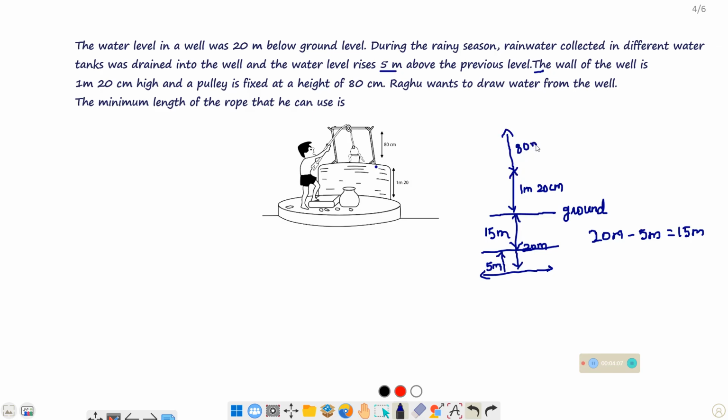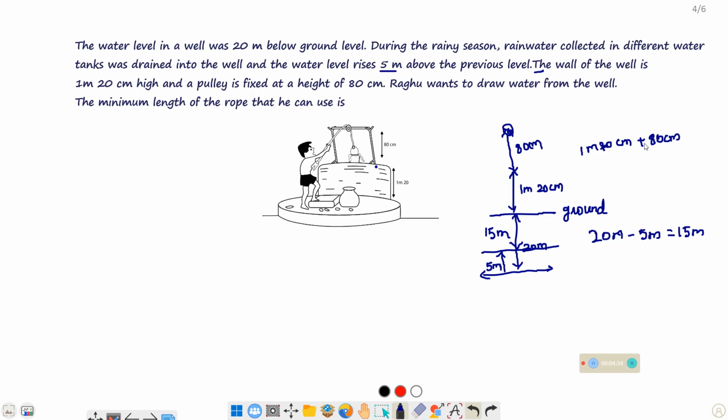So from the ground level, what is the height of this pulley? 1 meter 20 centimeters plus 80 centimeters. Sorry, this is 80 centimeters, not meters. So what will be the total height of the pulley from the ground level?